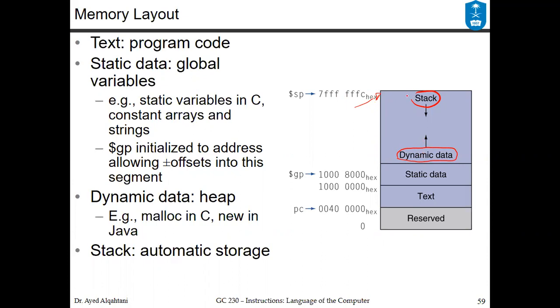The stack goes from the high address, and when you push registers or values in the stack, you decrement the pointer. When you pop them, you increment the pointer. In the dynamic data, or the heap, you are in a lower address, and when you want to push, you increment the pointer, and when you want to pop something from the heap, you decrement.